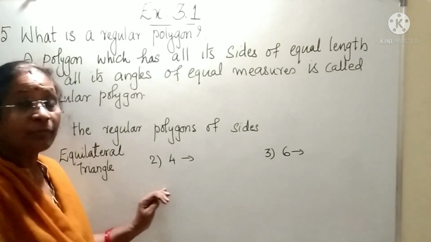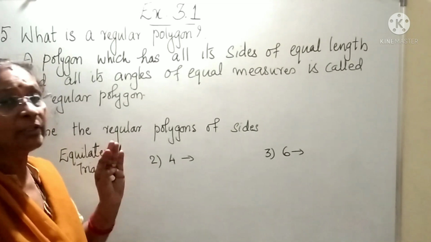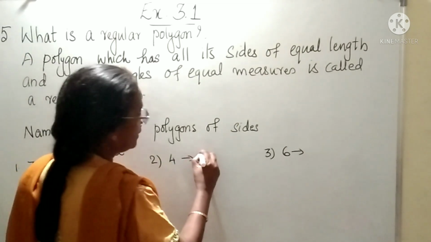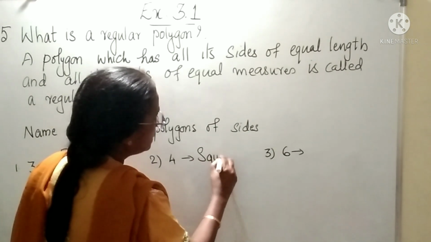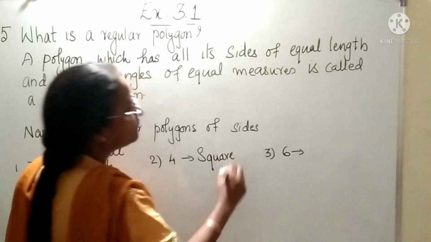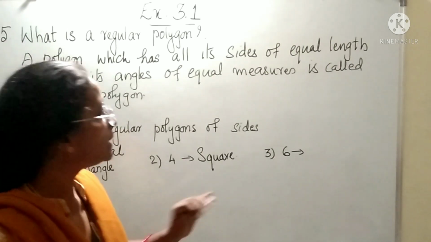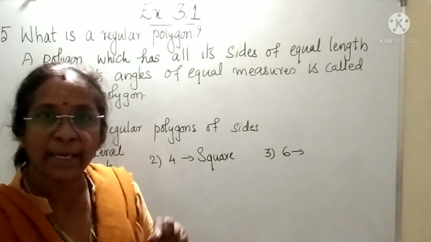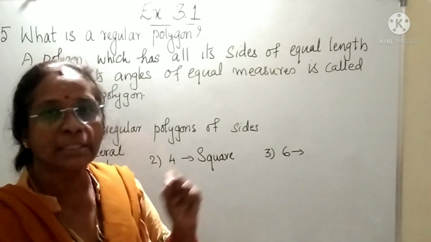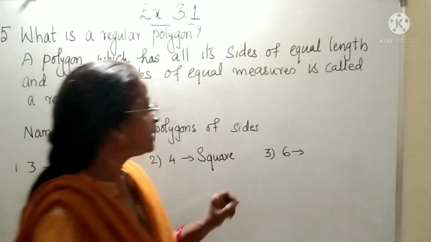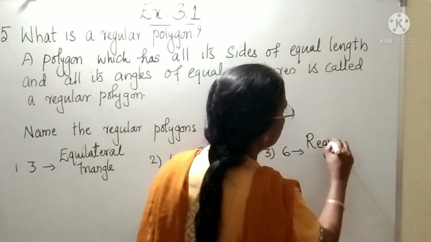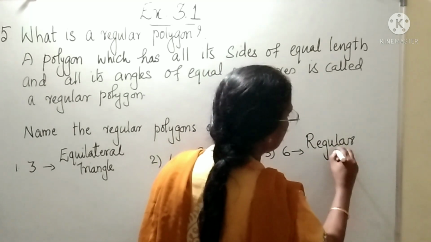Okay. Now, if it is a polygon with four equal sides, what is it called? You know it. It is called a square. And if it is a polygon with six sides, it is called a hexagon. And when the sides are all equal, then it is called a regular hexagon.